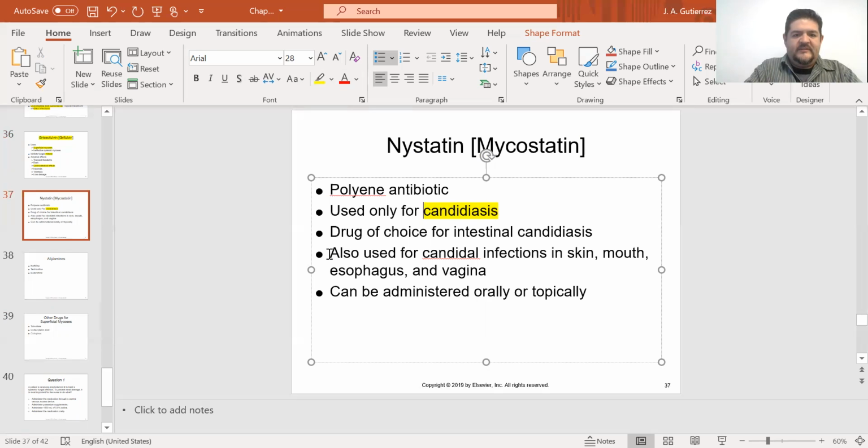Usually nystatin will be the first drug of choice to treat superficial Candida. Well, superficial and intestinal or GI Candida. Medication is PO, so that means that regarding adverse effects, nausea, vomiting, diarrhea. Topically, we're talking about creams, then we can talk about irritation of the skin.